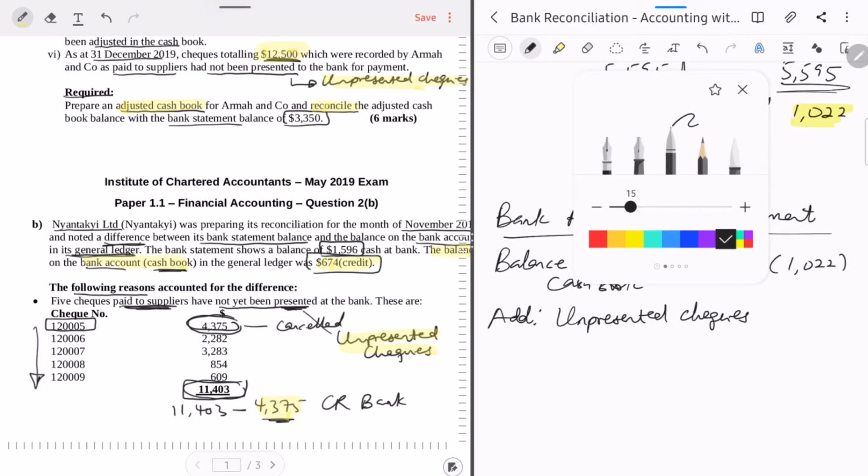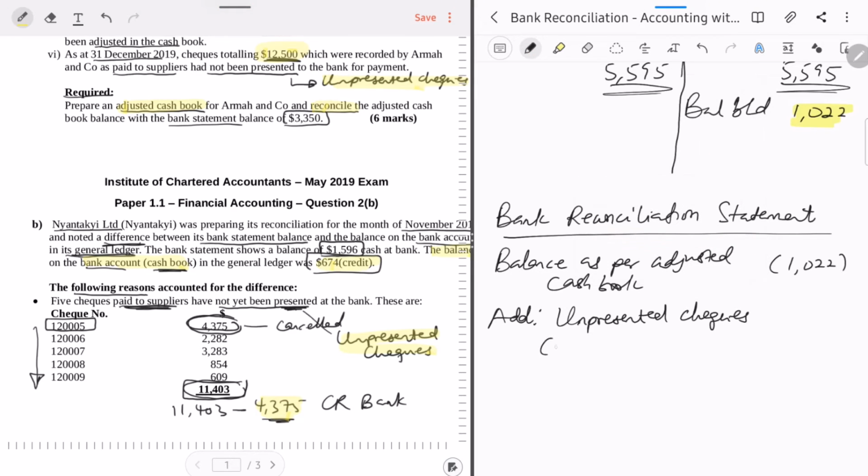So it's going to be our 11403 minus 4375. So that gives me, calculator, 11403 minus 4375 gives me 7028.